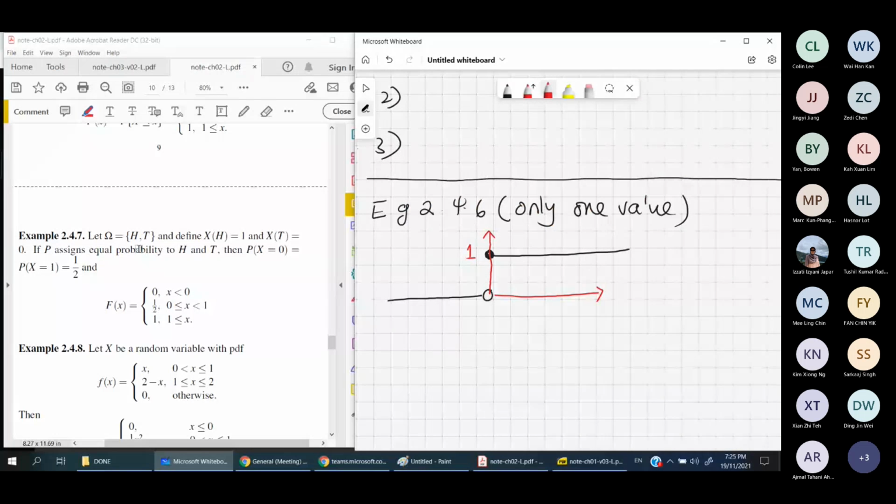Okay, so the next one. Omega is head or tail, so we define X(H) to be 1, X(T) to be 0. If P assigns equal probability to H and T, that means P(X equals 0) is half, and P(X equals 1) is also half. This is the so-called Bernoulli distribution. So we're tossing a fair coin. In this case, F_X will be this, and the graph will be this one.